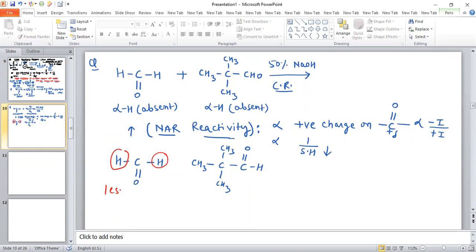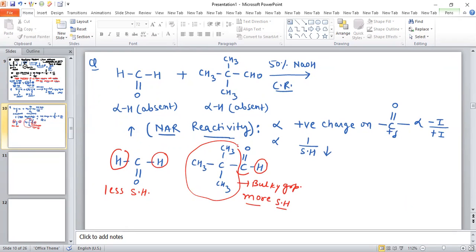It means less steric hindrance. But across the carbonyl in the other, one group is hydrogen, but the other group is very large, a bulky group. Due to this bulky group, there is more steric hindrance.